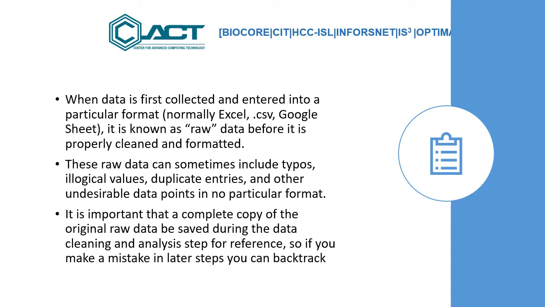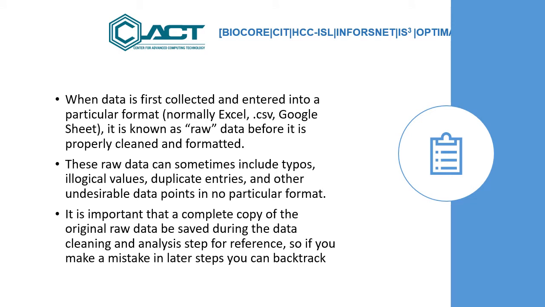When your data is first collected and entered into a particular format, normally Excel, it is called raw data, before it is properly cleaned and formatted. Usually this raw data consists of typos, illogical values, duplicate entries, undesirable data forms, and data points in no particular format.